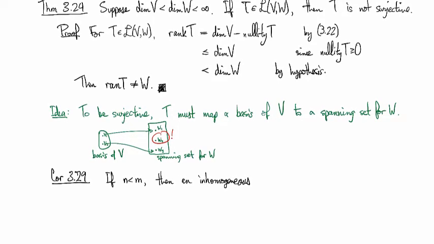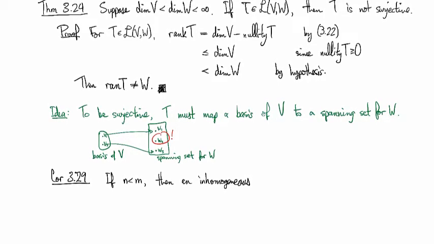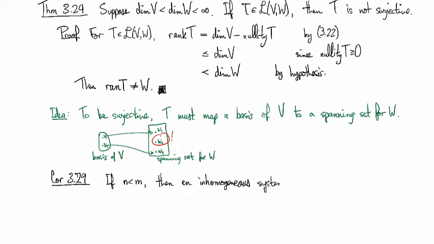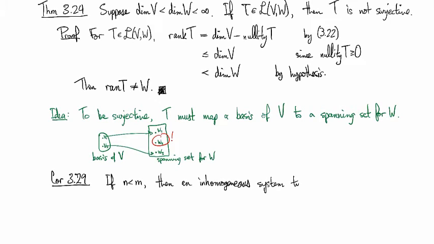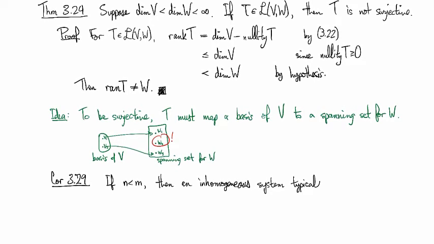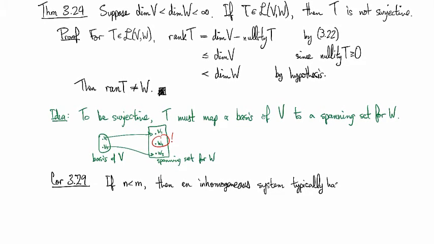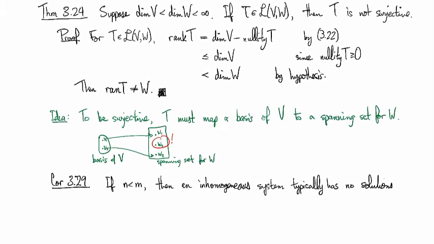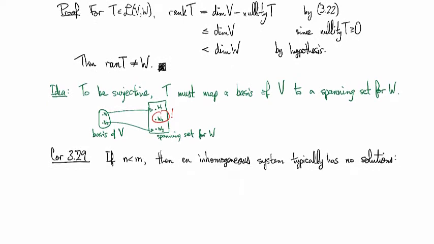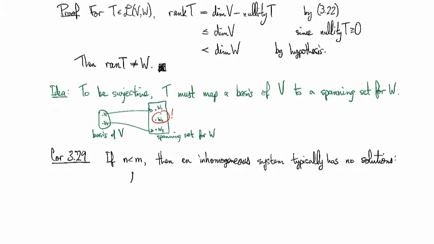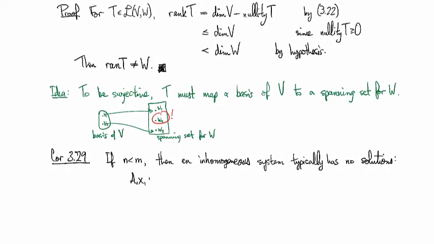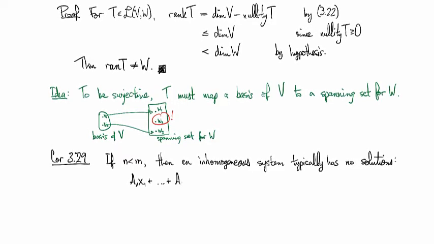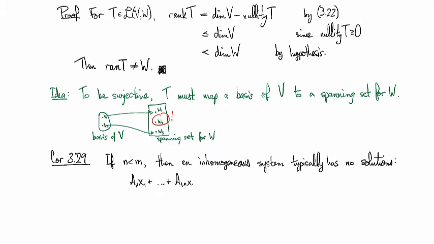So if the number of variables is strictly less than the number of equations, then an inhomogeneous system typically has no solutions. And so again, the system that I'm looking at here is A11x1 plus, summed up to A1n xn.